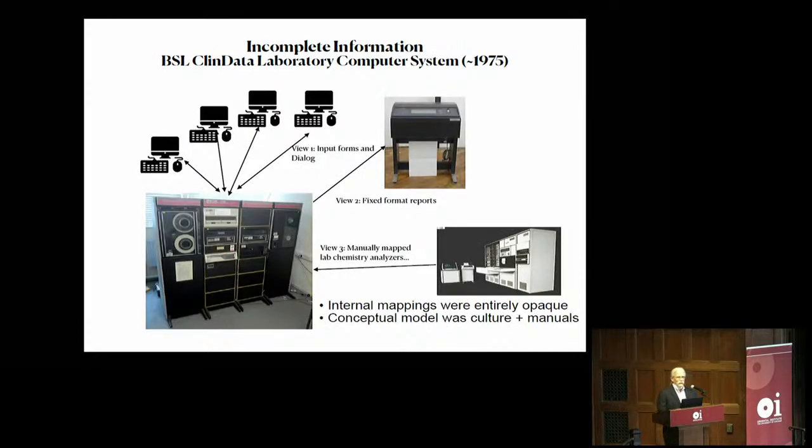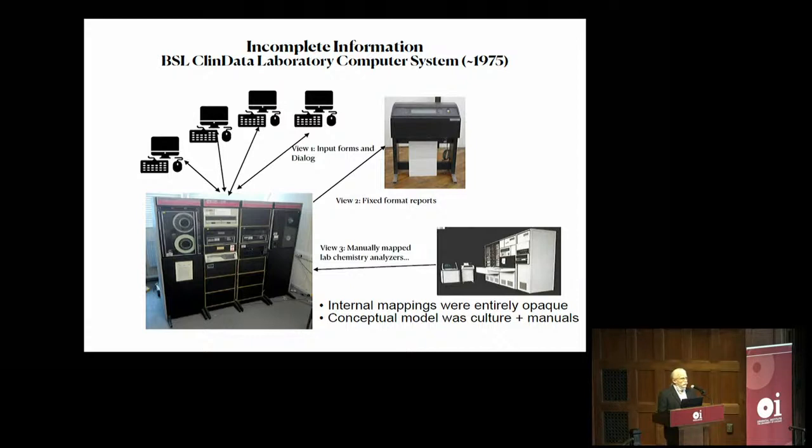When I started computing, healthcare computing, back about 1975, we had what was called the CLIN Data Laboratory Computer System. And it accepted inputs from terminals and keyboards. It created output on printers. And we'd also talked with a couple of the early laboratory chemistry vendors and had worked out systems that they would communicate laboratory data.